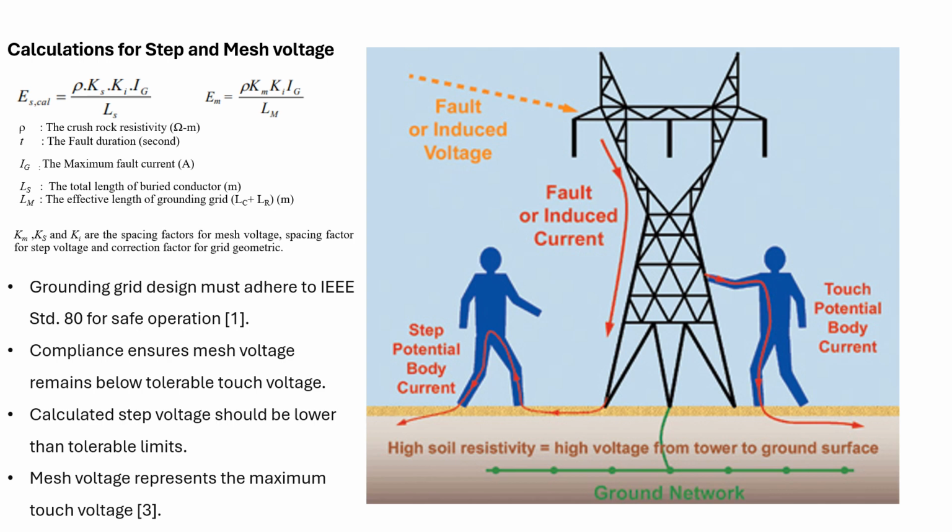Of course, these conditions need to be met so that safe operation can be followed in any substation, to protect the individual or a person working over there. Mesh voltage represents the maximum touch voltage.